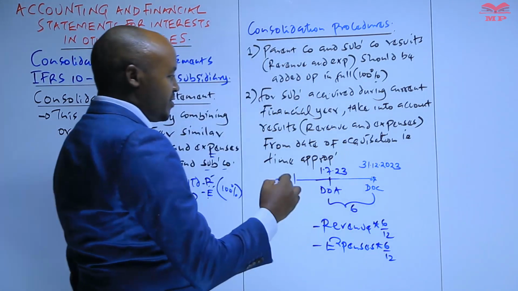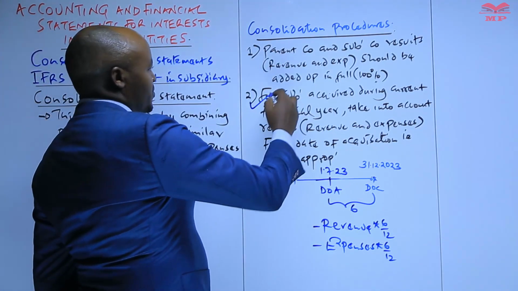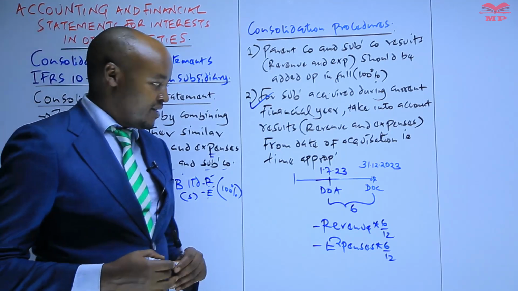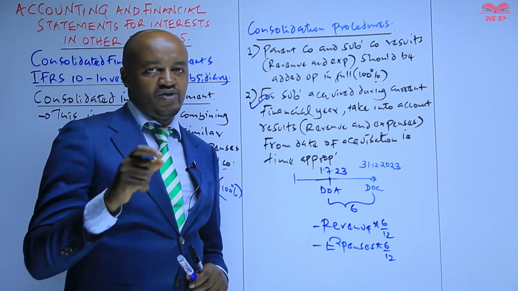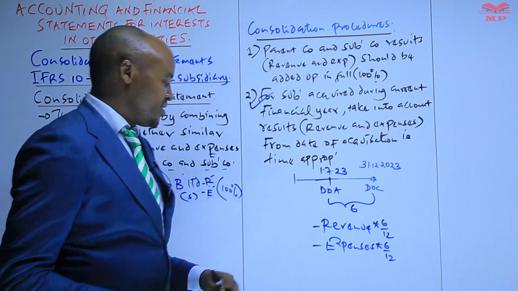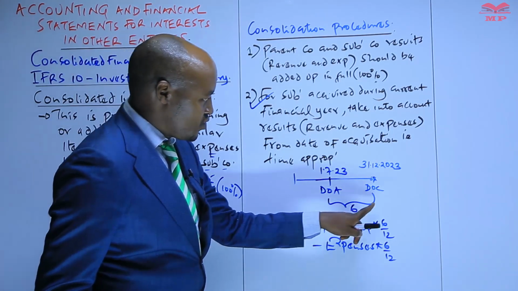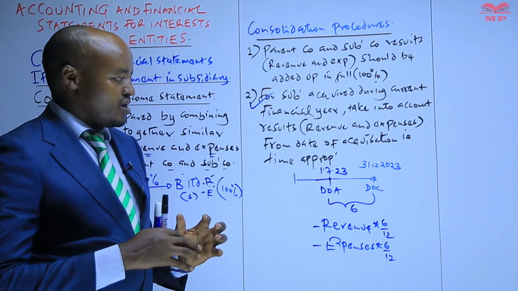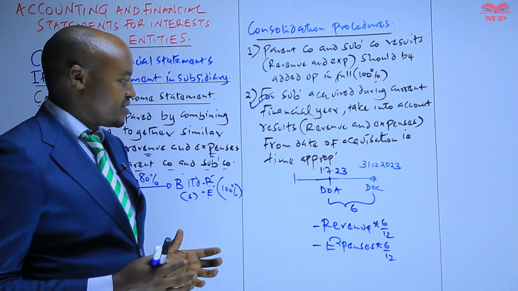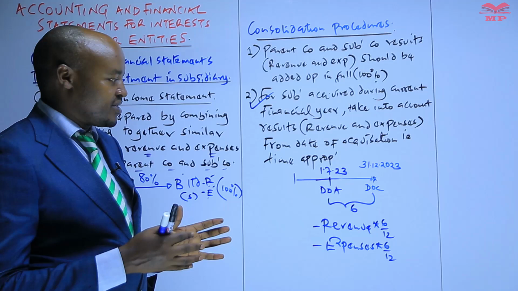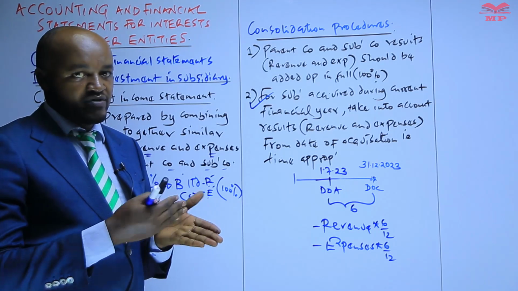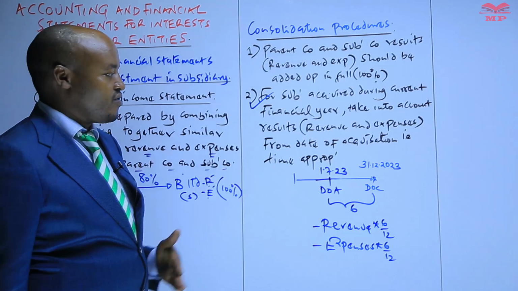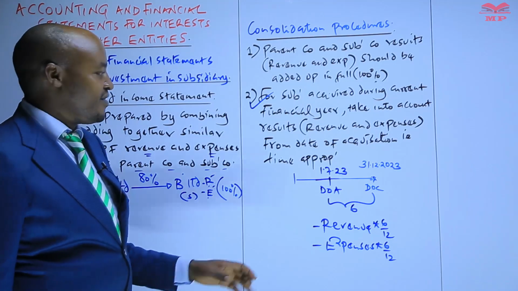So therefore, anytime a subsidiary has been acquired during the current financial year, when preparing the consolidated income statement, we only take into account its results, that is its revenue and expenses, from the date it was acquired to the date of consolidation. Basically you apportion the revenue and expenses on a time basis, from the time the acquisition took place to the date of what? Of consolidation. Very, very important.